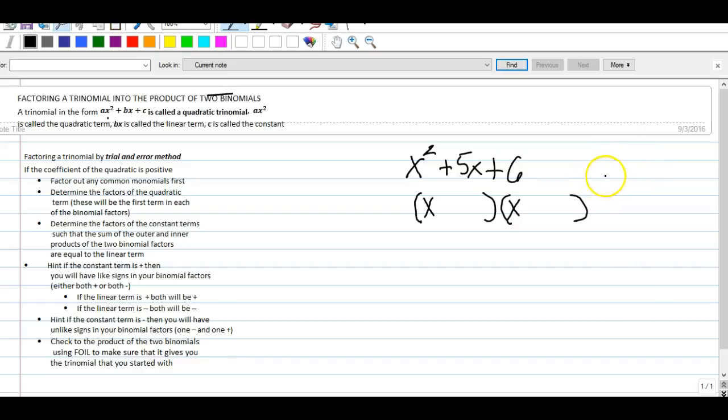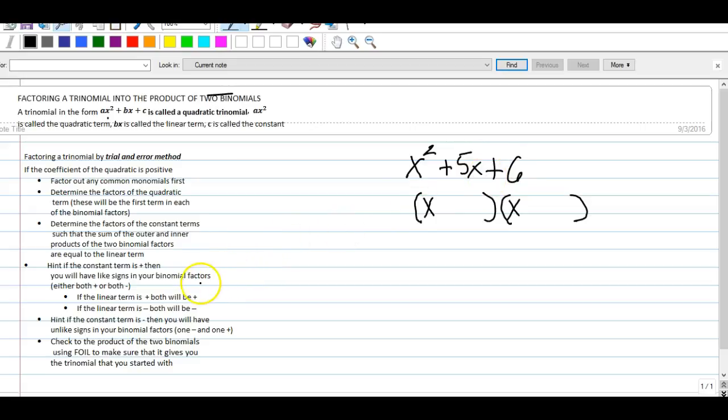Now we're going to cut down somewhat on our number of trials by looking at the sign of our constant term. If the sign of your constant term is positive or plus, then the signs of your two binomial factors will be the same. So the two signs that I have here will be the same if the constant term is positive.